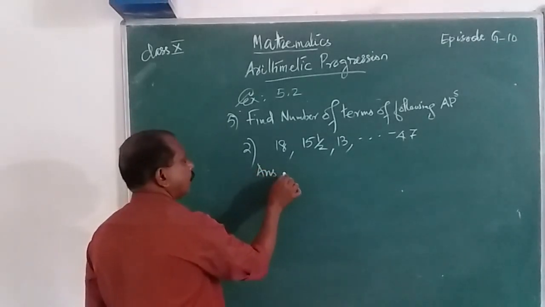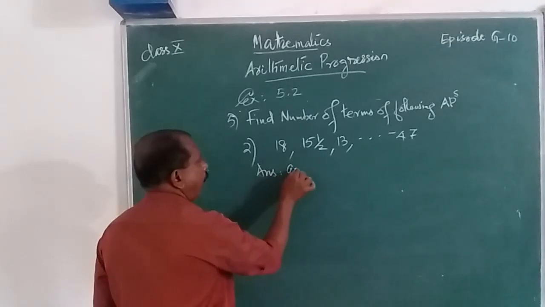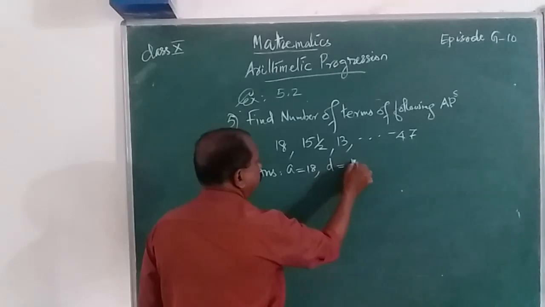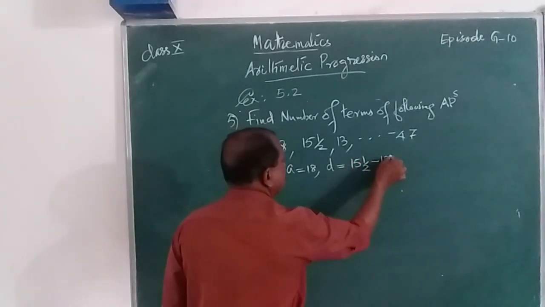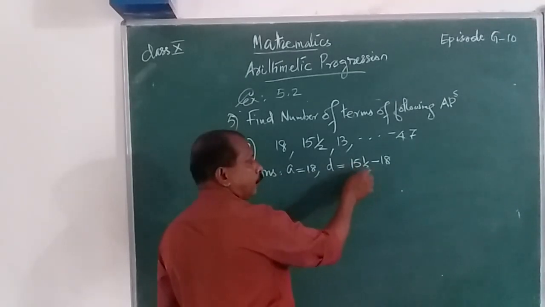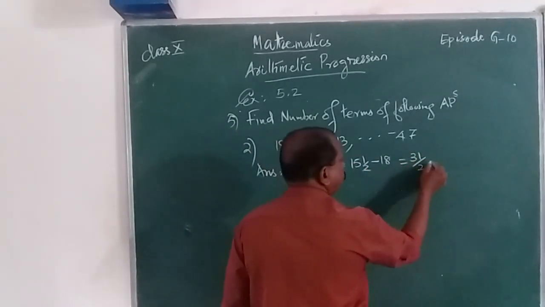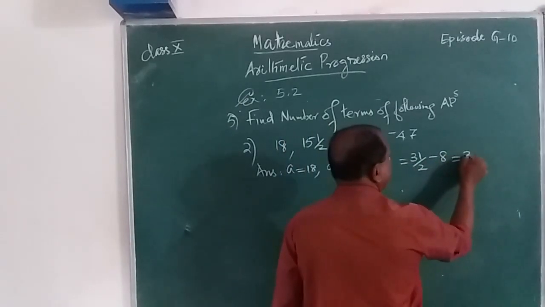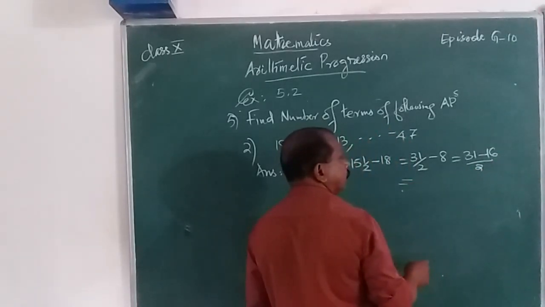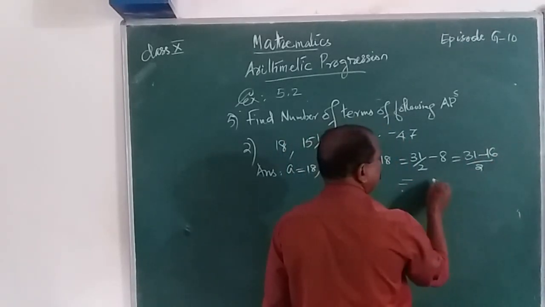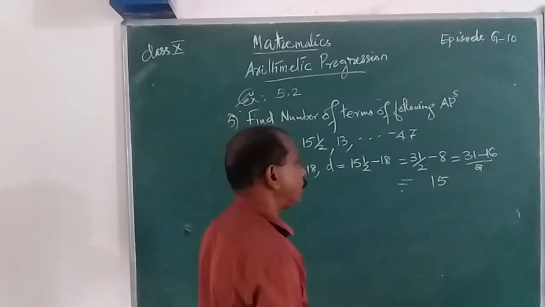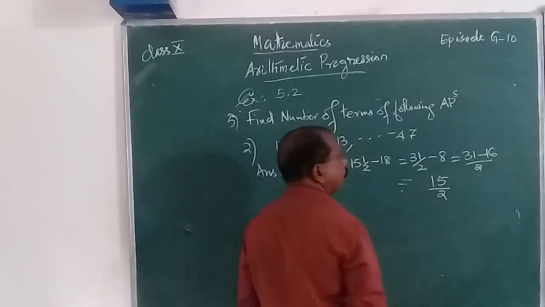Answer: A is equal to 18. D is equal to 15 and a half minus 18. 15 and a half means 15 times 2, 30, plus 1, 31 by 2, minus 18. That is equal to 31 minus 36 by 2, which is minus 5 by 2. That is D.